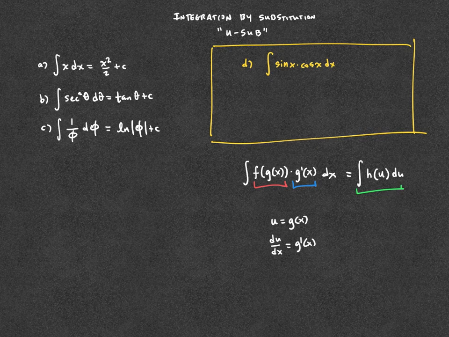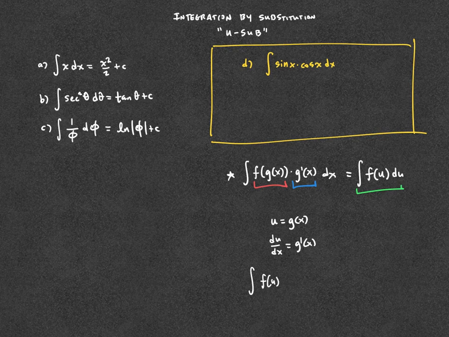First, I've got f of g of x, and I'm going to replace g of x with u. Really, I probably should have used f over here instead of h. I'm going to write f in terms of u, not in terms of g of x. So I can simplify the f of g of x as f of u.